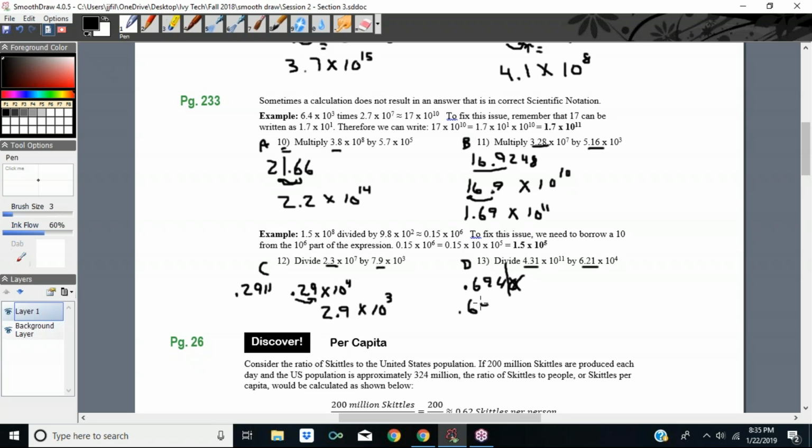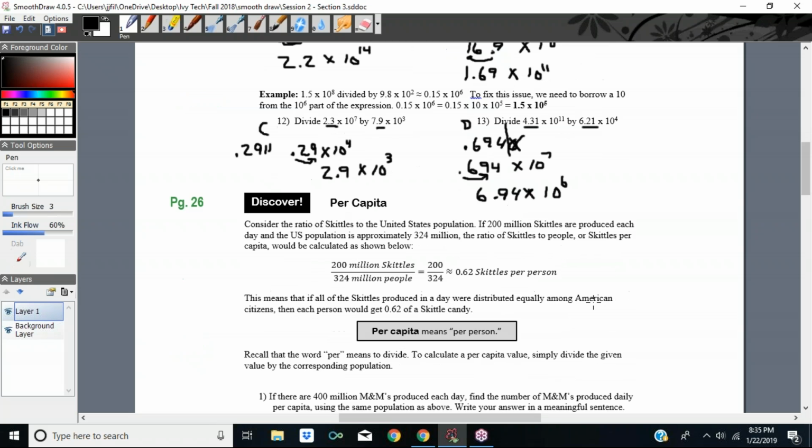So to start, we have 0.694 times 10 to that. We're going to subtract the powers. 11 minus 4 is 7. And then we have to put it in proper scientific notation, just like you did, Kendra, and make it 6.94 times 10. And since we're moving the decimal again one place to the right, we're going to subtract 1 from the power, it becomes a 6. So 6.94 times 10 to the 6th.